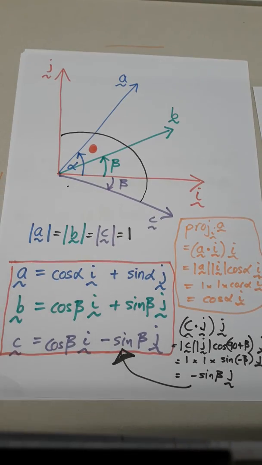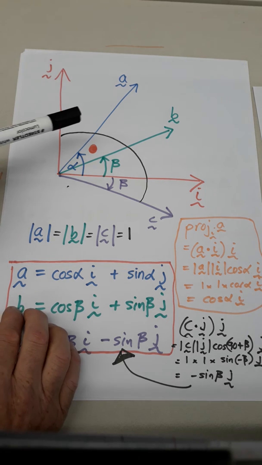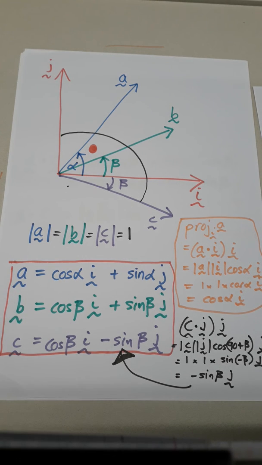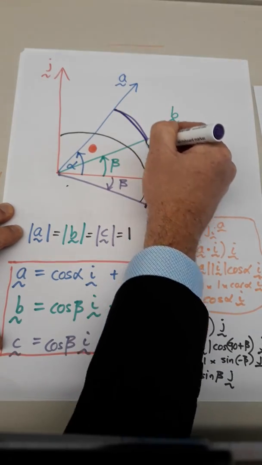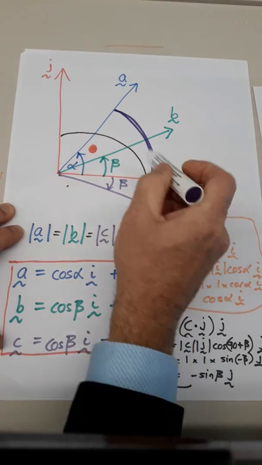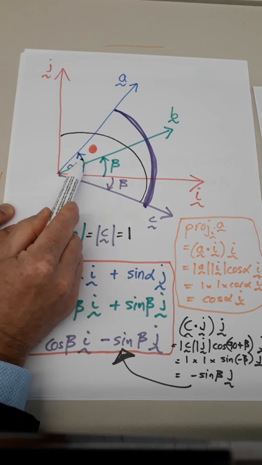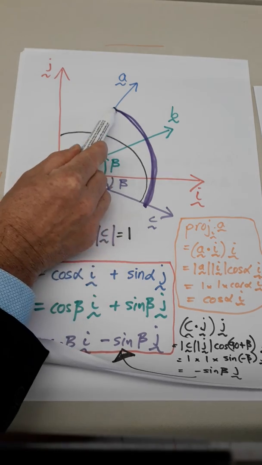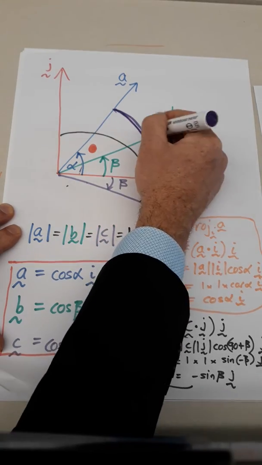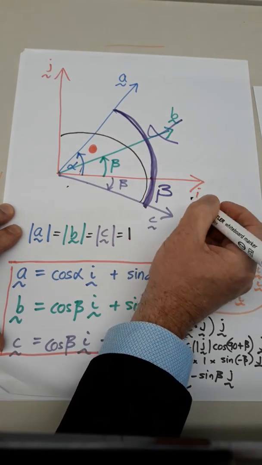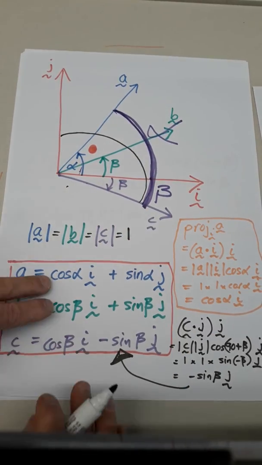What's the angle between vector A and vector C? With purple, I'll highlight that for you. Well, that's alpha there plus beta. To get all the way down, you go alpha plus beta. And add those two together. So alpha plus beta.